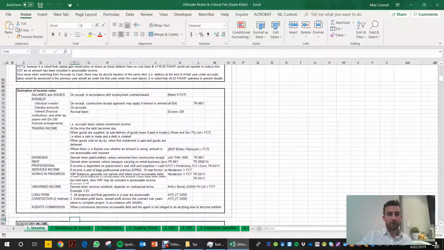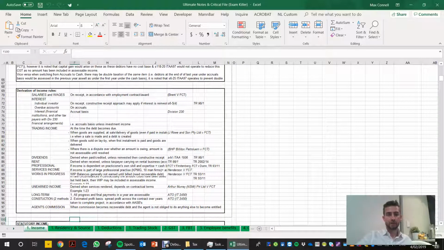Salaries and wages are recognized on receipt, so it's on a cash basis. Interest, you have to consider a few different situations. Are they an individual investor? If so, the income is on receipt, when you receive the money, on a cash basis. However, if it's on overdue accounts, it's on an accruals basis.